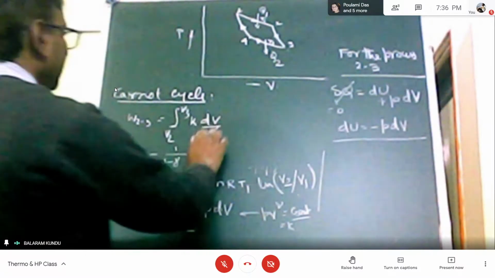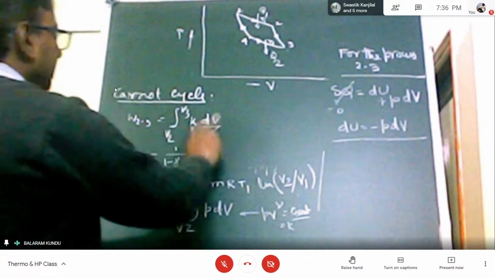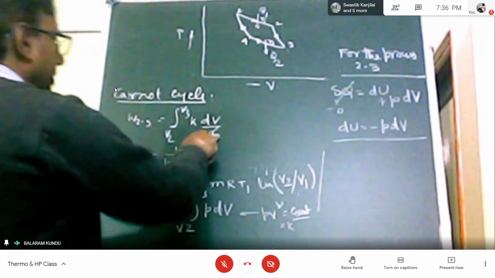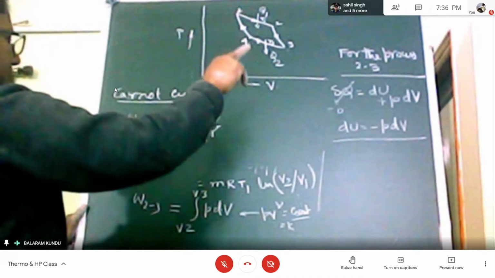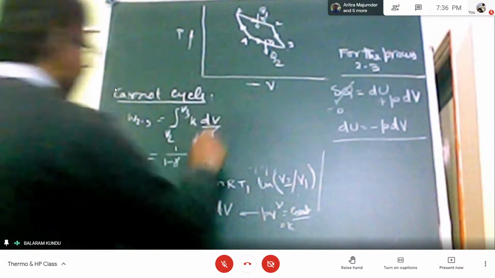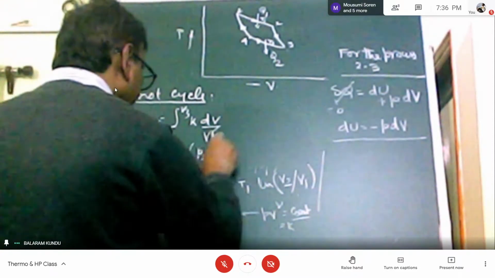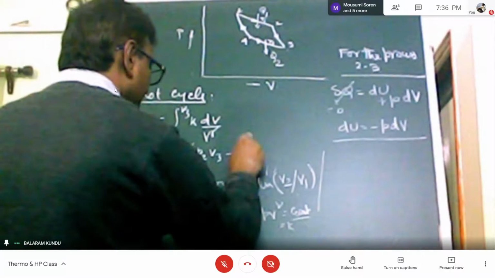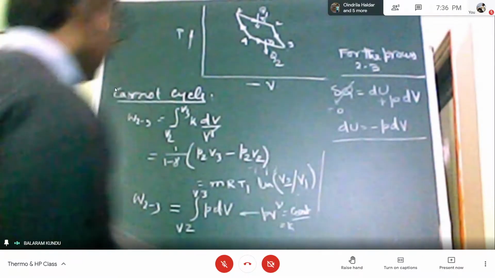So it will be PV to the power gamma equal to constant, and V to the power 1 minus gamma. So PV to the power gamma means P3 V3 here. So the first term will be P3 V3 minus P2 V2. This is your expression.